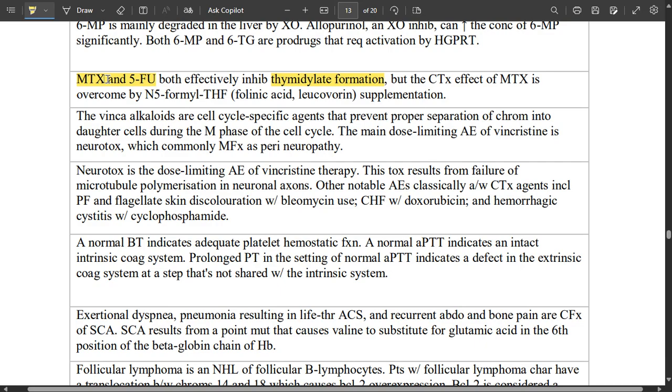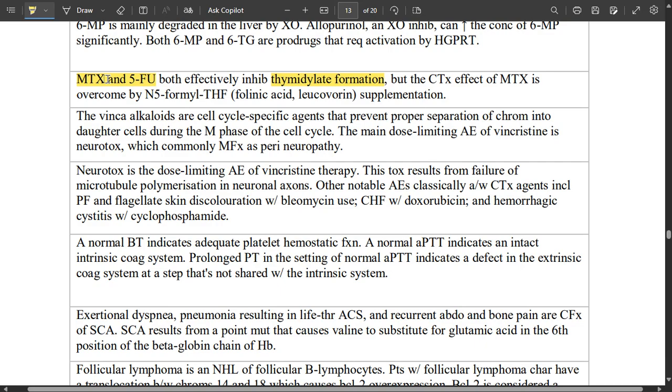The chemotherapy effect of methotrexate is overcome by giving folic acid in the form of N5-formyl tetrahydrofolate. Tetrahydrofolate is not formed because of methotrexate, so DNA synthesis is impaired.